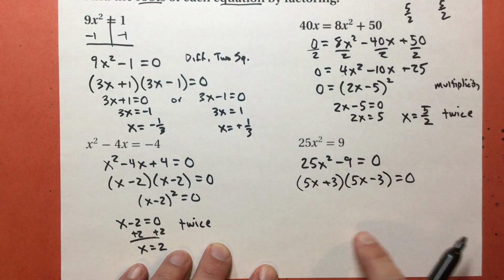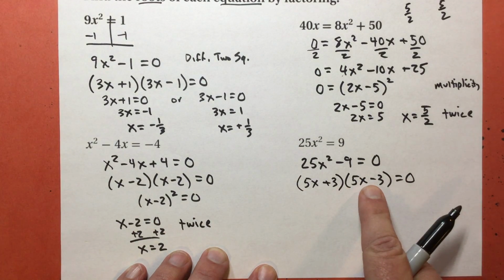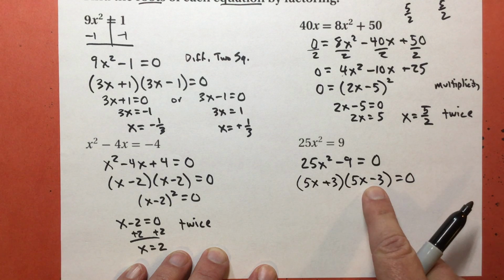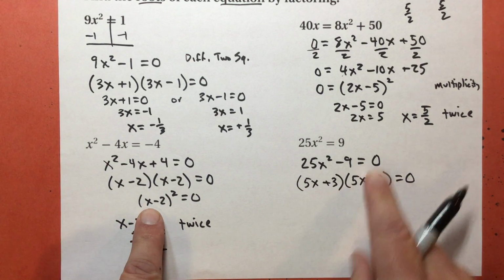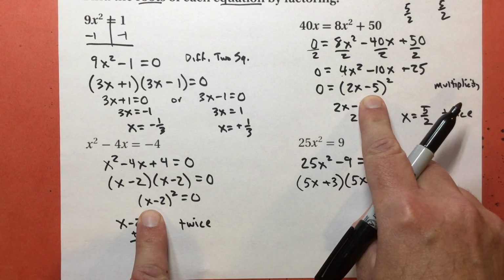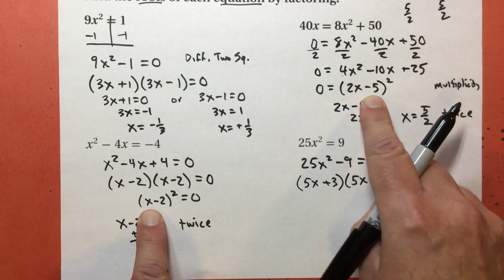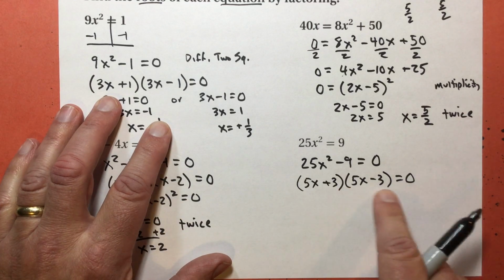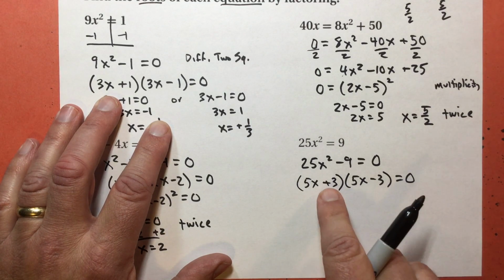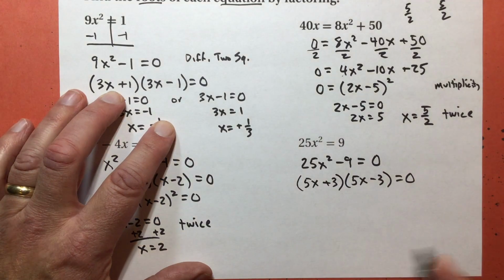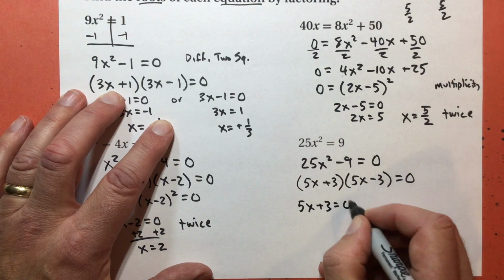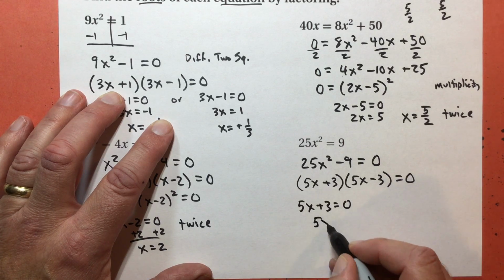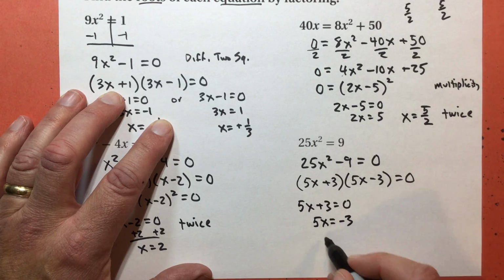And unlike the other times, that addition and that subtraction mean these are not the same. Last time I could write it like that because both of the factors were exactly the same. These are different. Very similar, except one's adding, one's subtracting. So now I have to do 2. I get 5x plus 3 equals 0. Subtract 3 from both sides. 5x equals negative 3. Divide by 5.